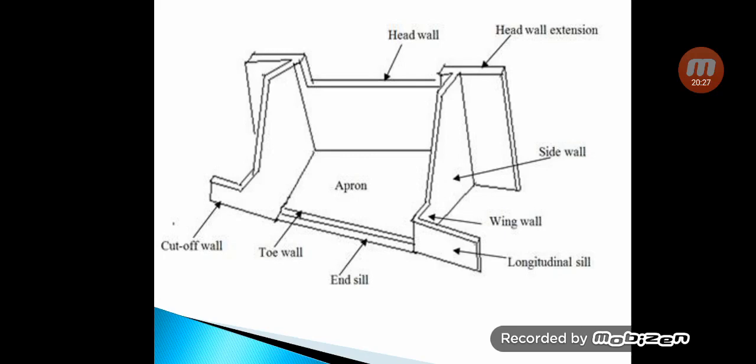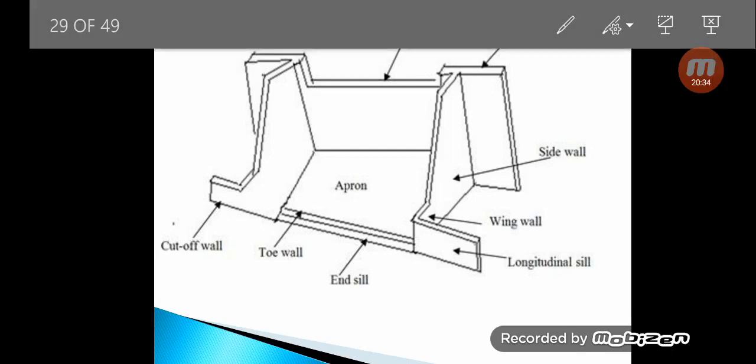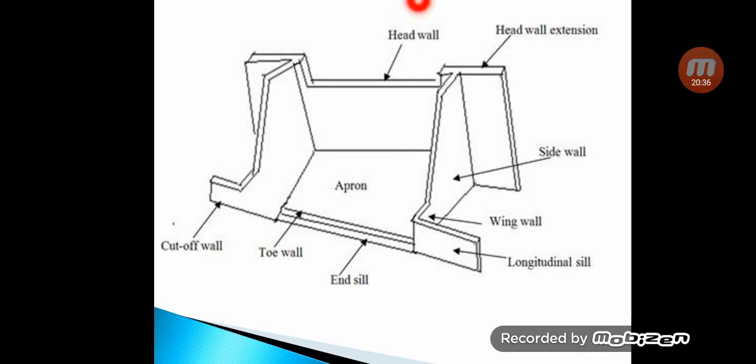So these are the components of the drop spillway. We will see them one by one. First is the head wall. It is the main weir wall over which water will fall on the apron.